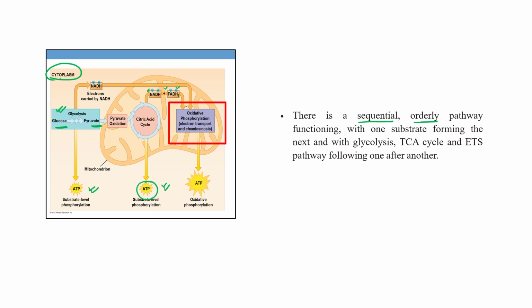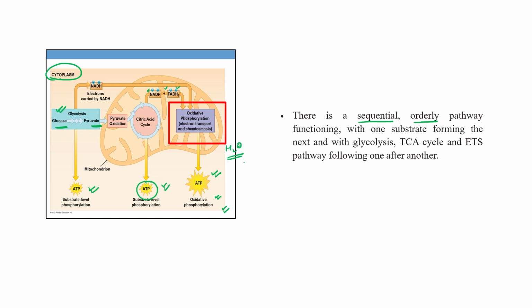Because of this push, a gradient develops, and then protons come in a very forceful way through the F0 F1 particle inside the matrix, and a huge amount of ATP is produced. This is known as oxidative phosphorylation. At this stage electrons are finally accepted by oxygen, and H2O is also produced, which is known as metabolic water.